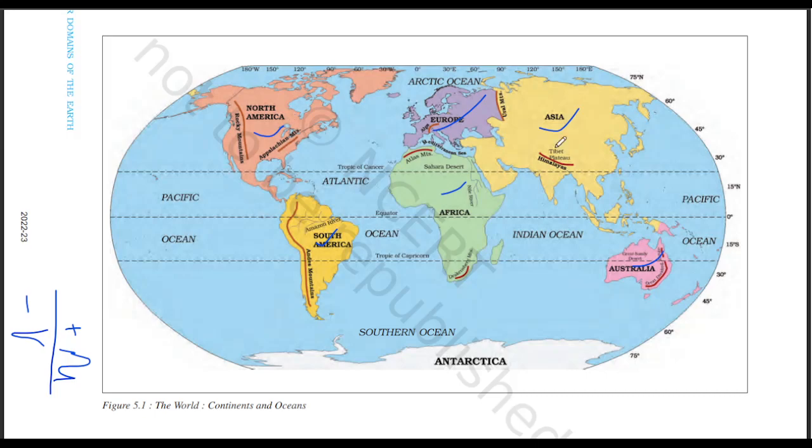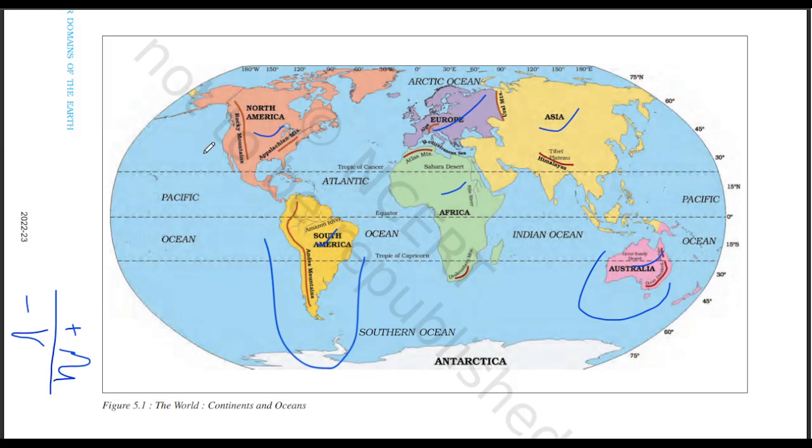Some continents are surrounded by three-sided ocean, and some by two-sided ocean. Here, it is the Atlantic and Pacific.